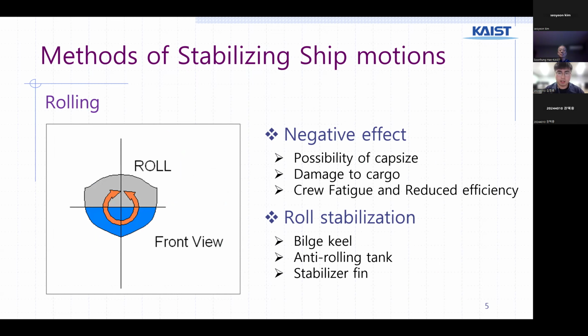The negatives of rolling include the possibility of capsize, damage to cargo, crew fatigue, and reduced efficiency. Rolling is also a major cause of seasickness. Methods of rolling stabilization are bilge keel, anti-rolling tank, and stabilizer fin.